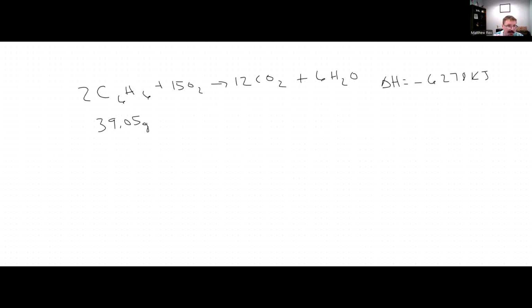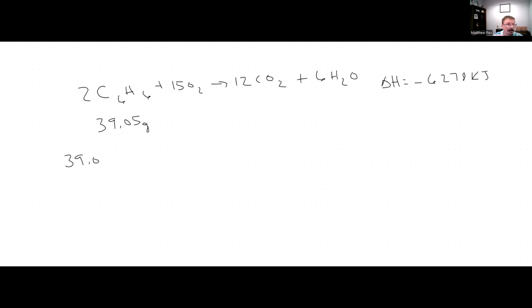And we're told we have excess oxygen, so we know the oxygen is the excess reactant. So the C6H6 is our limiting reactant. So we need to find out how much energy or how much heat we are going to produce if we combust that much C6H6. So we have our balanced reaction equation. Everything's in molar ratios, essentially, that is the stoichiometry. So I need to find out how many moles of that C6H6 I have.